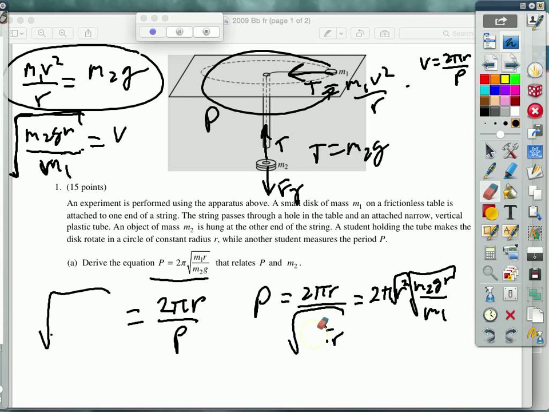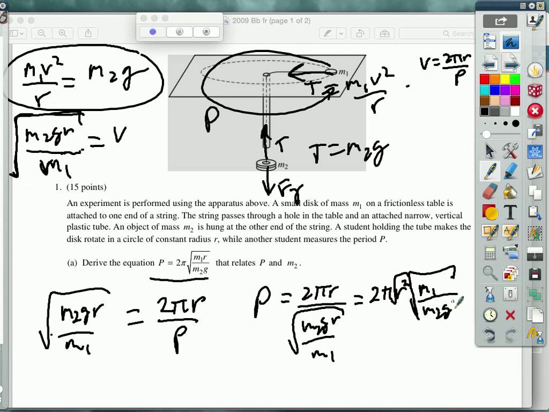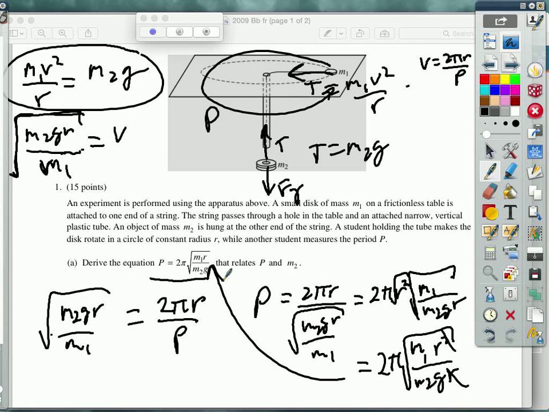So let me correct that, sorry. So this should be M2GR over M1. And now when I flip this, I get M1 over M2GR. And so this becomes 2 pi square root of M1 R squared over M2GR. That R cancels with that one, and this is that.